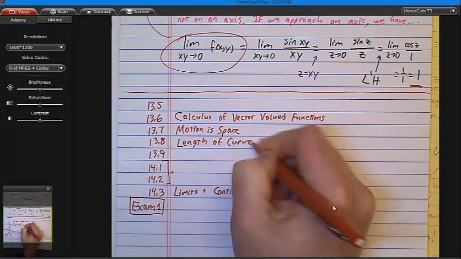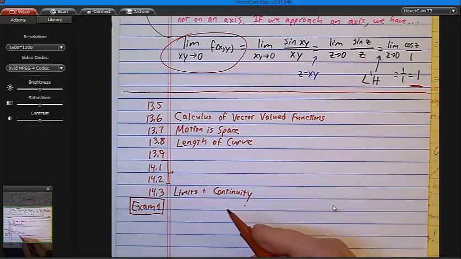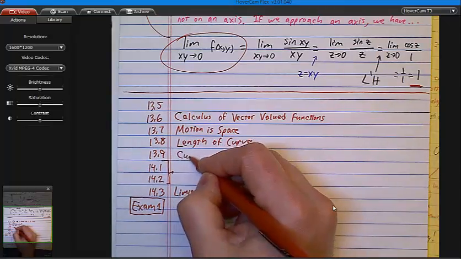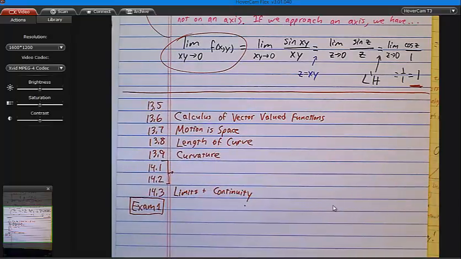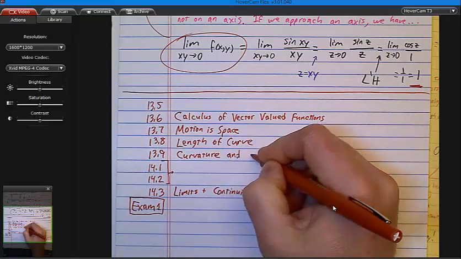So we talked about arc length, and then at the end of that chapter we talked about how to parameterize a curve by arc length. And that becomes important if you want to talk about the important idea in 13.9, which was curvature. Right? Curvature, okay. And also normal vectors.